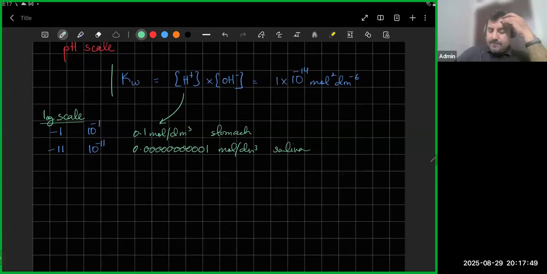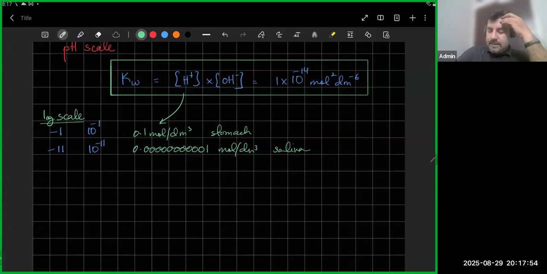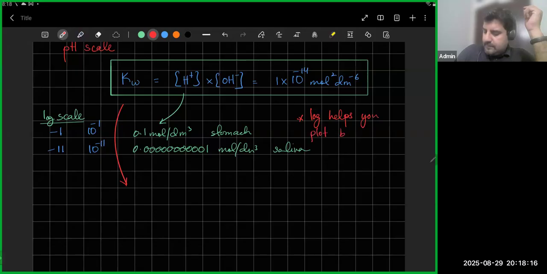अच्छा, so point is, this KW expression is turned into the log scale. ठीक है? All of it is turned into the log scale. तो यहाँ पे मैं ऐड कर लेता हूँ, log helps you plot better graphs. Actually, log के साथ ना what you can do is you can plot a graph and you can have the world's biggest number and the world's smallest number on the same piece of graph paper.